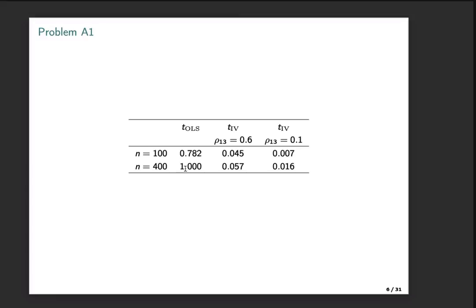If we're testing at the 5% level, we want to see 0.05 in all the cells of the table. But what we see is that for the OLS, we see an extremely high rejection frequency. At 400, it always rejects. And the question is, why?